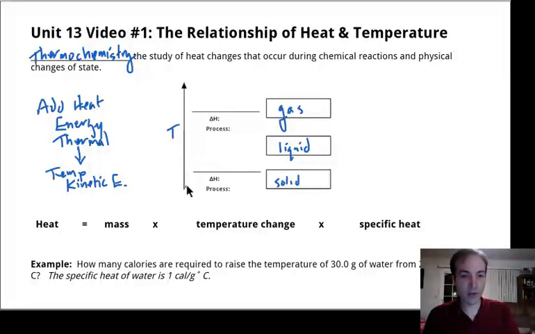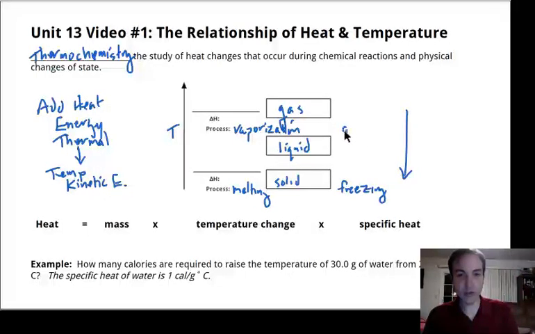And we know that this process of going from a solid to a liquid would be melting, the opposite of which would be freezing. So if we were taking the process backwards, we would be freezing it. And the process going from a liquid to a gas would be vaporization. And we know that the opposite process would be condensation.